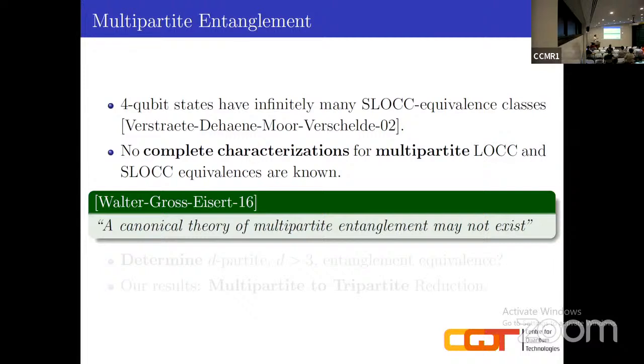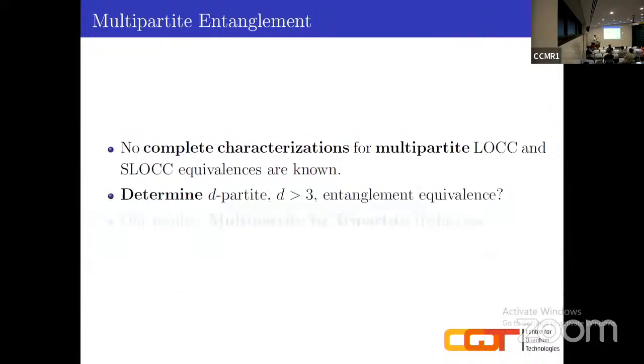In a survey written by Walter, Gross, and Eisert, they guess that a canonical theory of multipartite entanglement may not exist. So today, our work is regarding whether determining equivalence of two multipartite entanglements is hard or not.